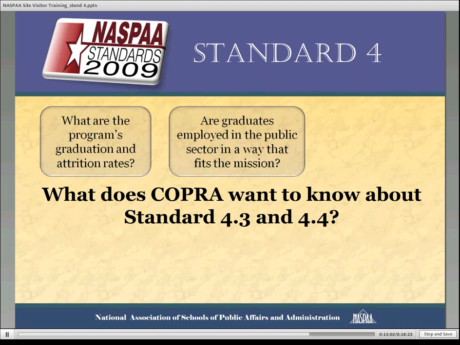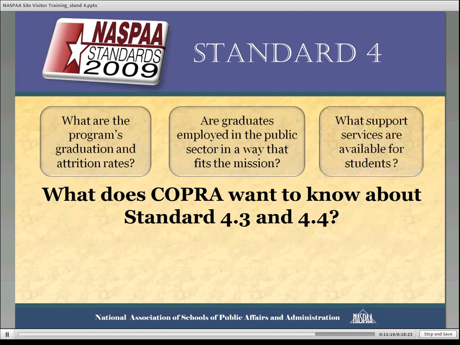It's trying to prepare people perhaps to work in a particular level of government, or focusing on particular policy issues, or maybe it has a nonprofit focus. Do the placements of internships and graduates make sense, and are they consistent with that mission? Again, nobody expects that 100% of a program's students will work directly in that area, but in general, is the program supporting its own mission in that way?